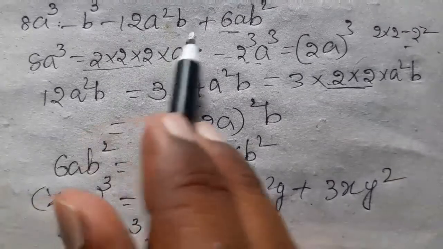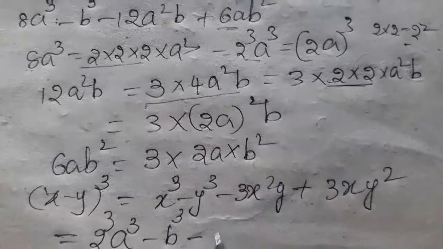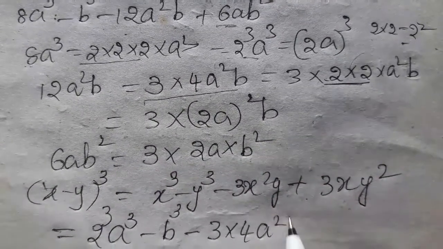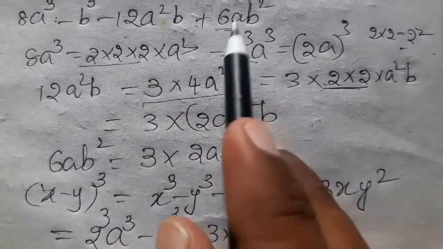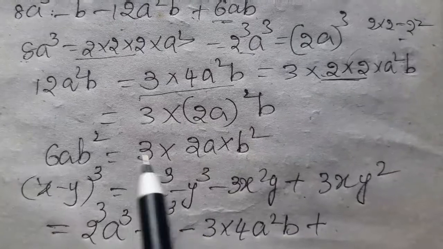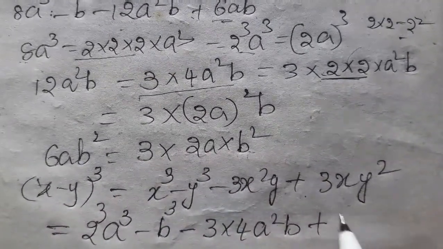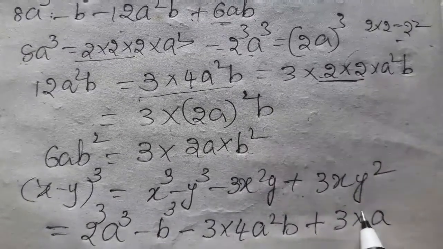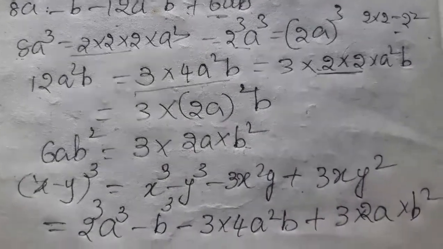Next, minus 12a square b can be written in this step first. So 3 into 4a square b. Next, plus 6ab square can be written first in this step. So 3 into 2a into b square, isn't it?